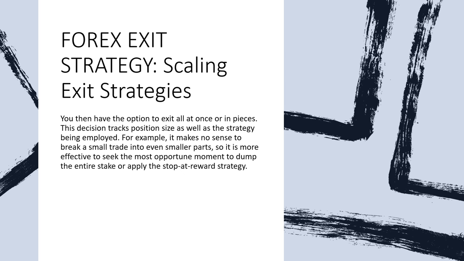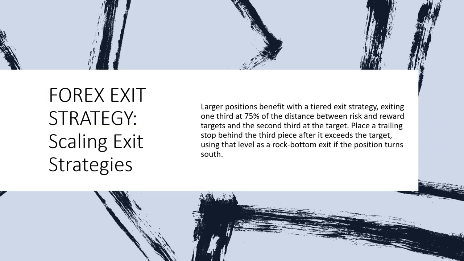This decision tracks position size as well as strategy being employed. For example, it makes no sense to break a small trade into even smaller parts. I mean, if you're trading $200 worth of the euro and it's moved in your favor, sell $100 worth of euro at this price. There's no difference. Close your position. So it is more effective to seek the most opportune moment to dump the entire stake and apply the stop at reward strategy.